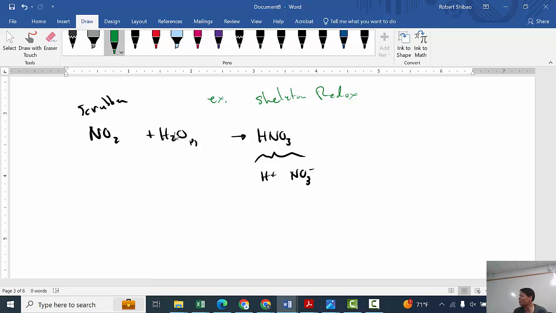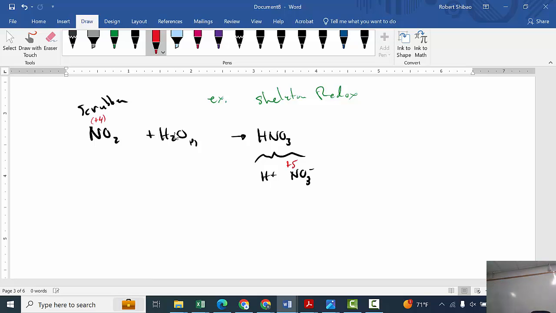What's the oxidation state of nitrogen in NO2? +4. What's the oxidation state of nitrogen in HNO3 or nitrate? +5. So this is a redox.